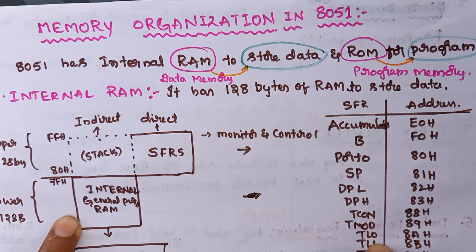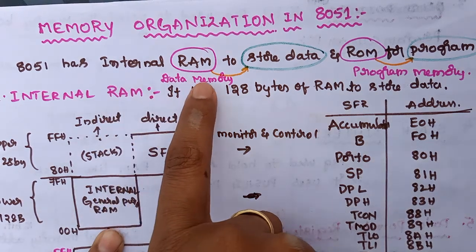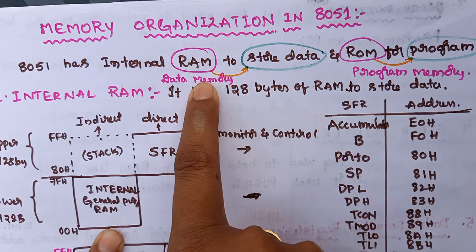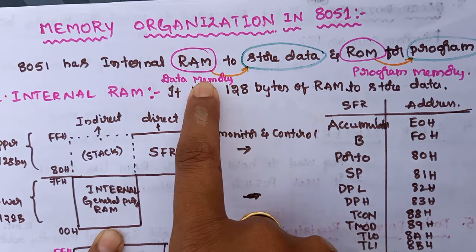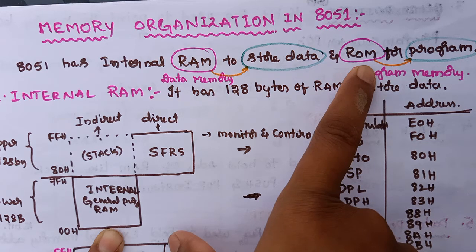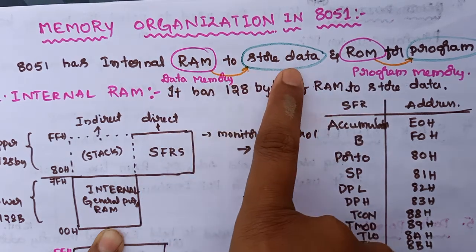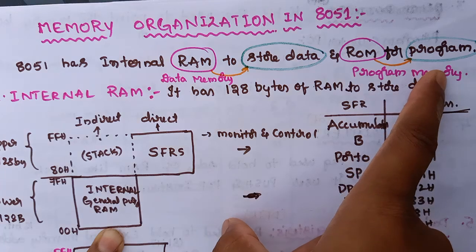Program memory is nothing but ROM and data memory is nothing but RAM. 8051 has an internal, inbuilt RAM of 128 bytes and 4 kilobytes of ROM to program the microcontroller. So RAM is used to store the data and ROM is used to program the 8051.